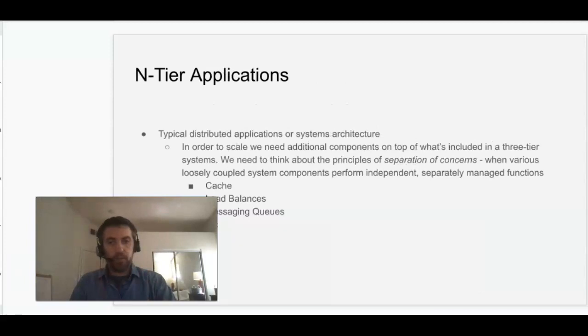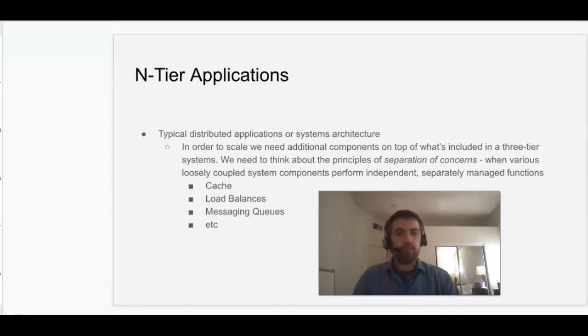However, when we're dealing with large-scale services, we talked about Instagram, we talked about Twitter a little bit, we're dealing with more than just 3 tiers. These are services that are serving millions of users, and you're going to need some additional tiers to make all of this capability happen at such a large scale.